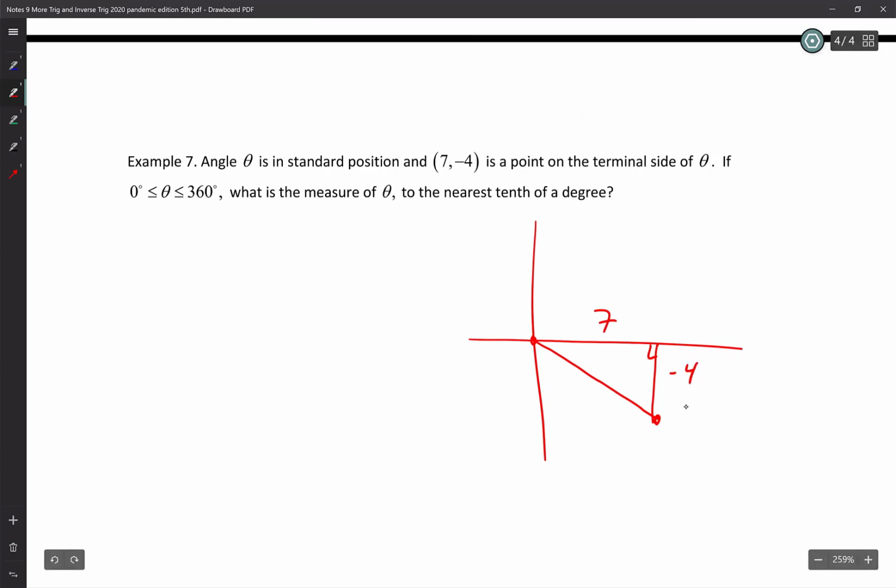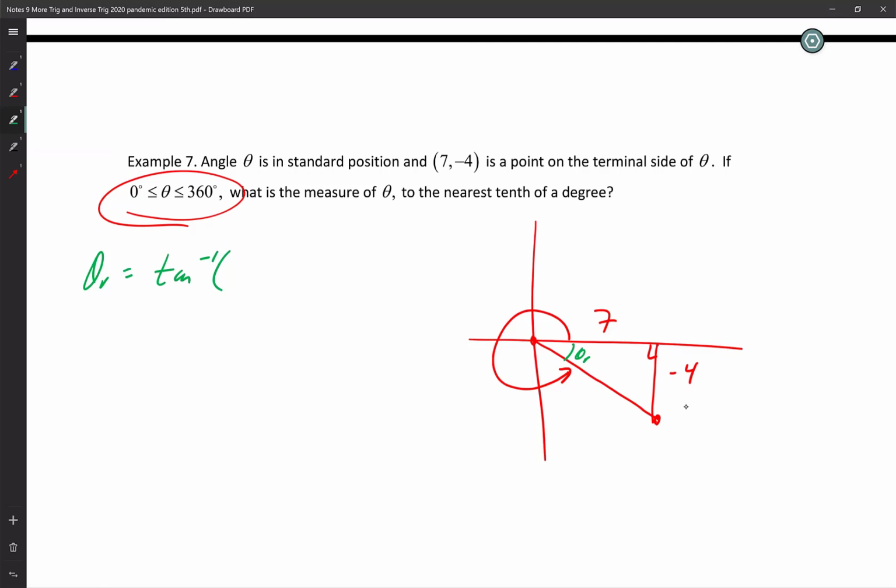If you wanted to find the hypotenuse, you can. The angle they're talking about is this angle, because it's between 0 and 360. So we're going to find the reference angle, like before. So theta r is equal to arctan. Every time you're finding a reference, no negatives, so 4 over 7. So let's do that real quick.